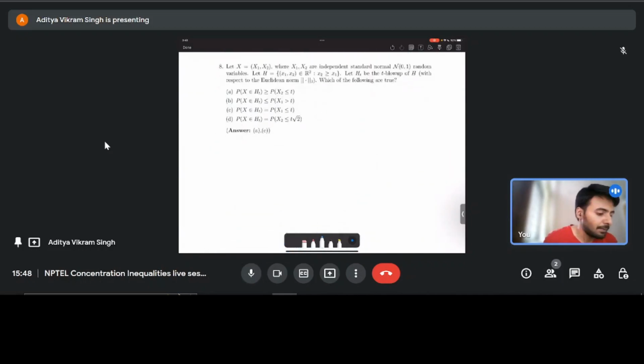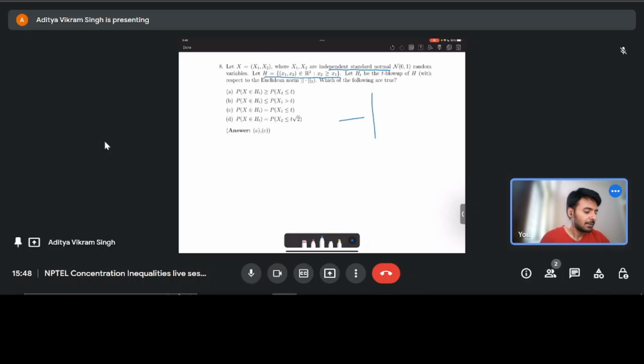So A8. Let X be (X1, X2), where X1 and X2 are independent standard normal. Let H be the set of (x1, x2) such that x2 is greater than or equal to x1. So let's draw this.